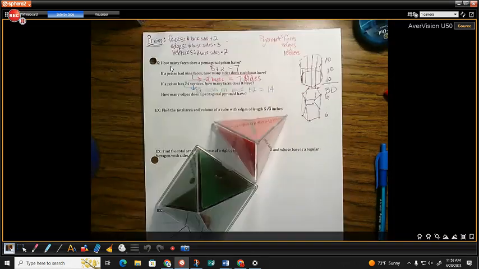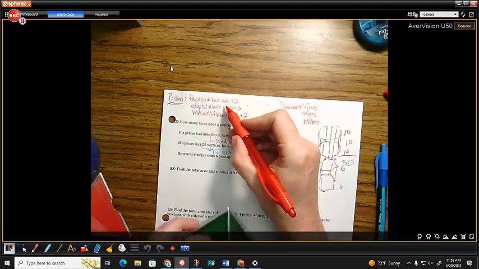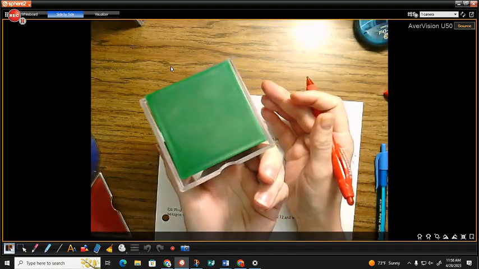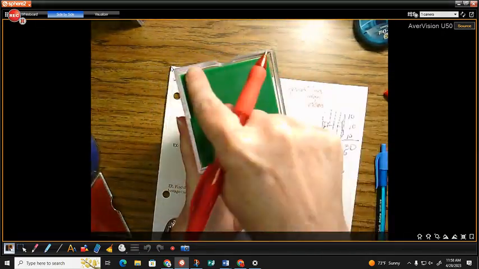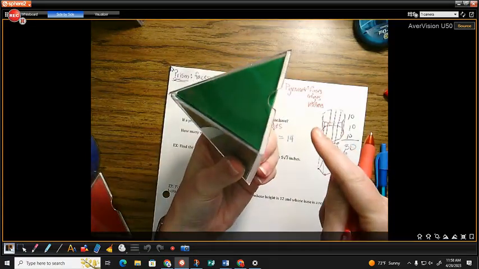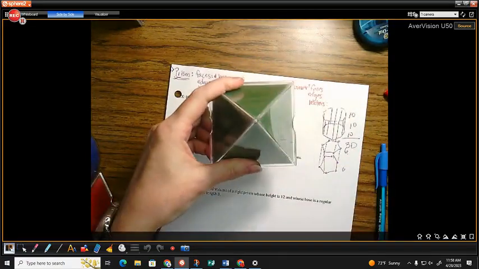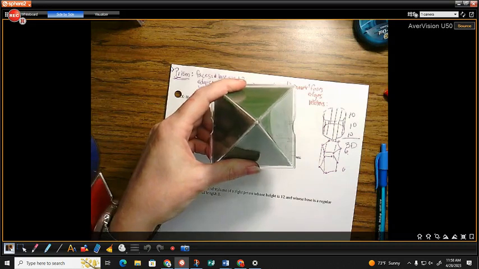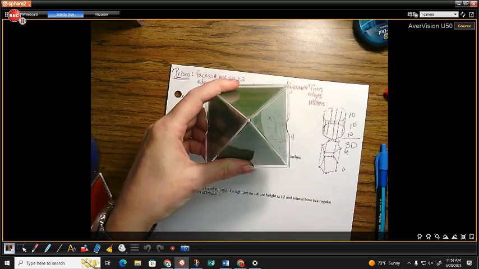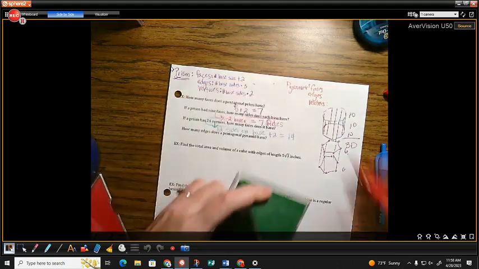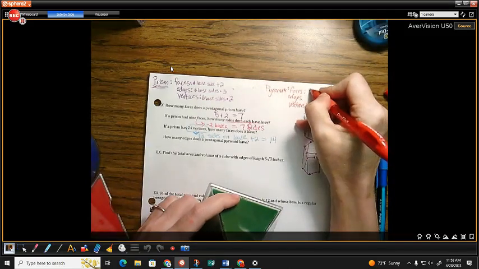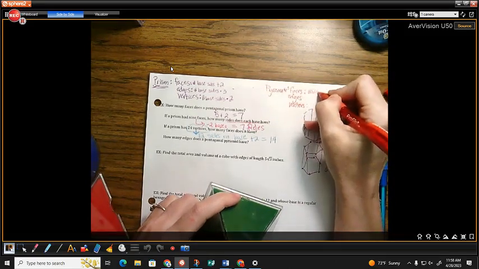So here's some pyramids. So you're telling me that if I want to know the number of faces on this square pyramid, I should count the 4 base sides and then add 2 bases to it? Are there 2 bases on a pyramid? No. So should my number of faces be the number of base sides plus 2?